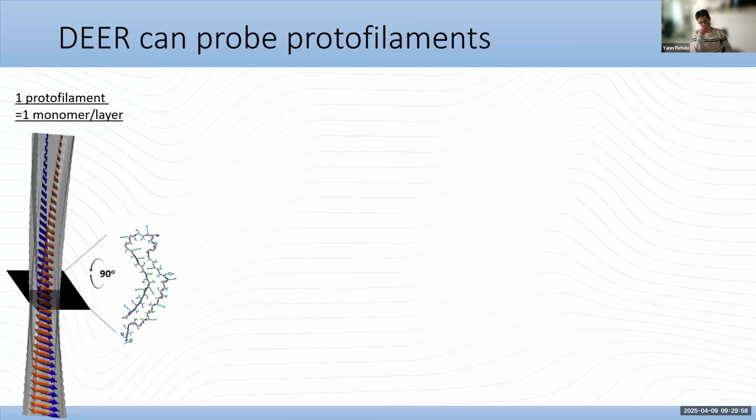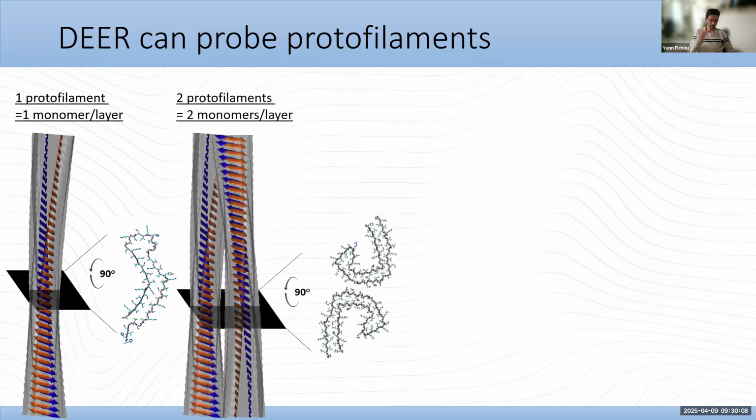Another quite important piece of information that is interesting to obtain on amyloid is the notion of protofilaments. A protofilament can essentially be seen like this: how many monomers do you have per layer?